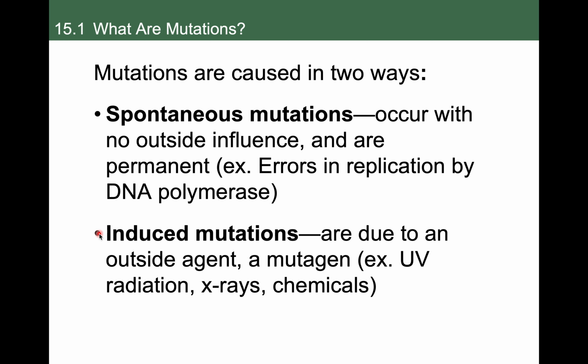There's all kinds of chemicals that can mutate our DNA that we're exposed to on a pretty regular basis. So those would be considered induced mutations. And no matter how hard we try, we're always going to be exposed to induced mutations as we go about our day-to-day. We're exposed to these agents, and we are going to accumulate mutations throughout our lifetime.